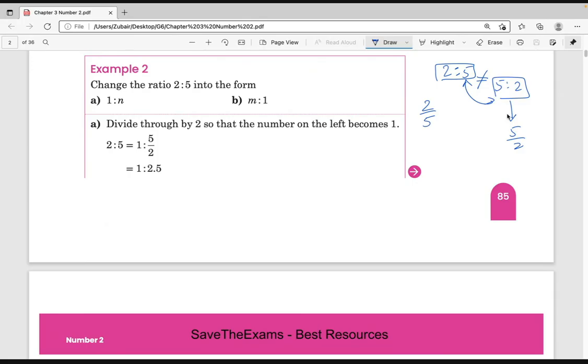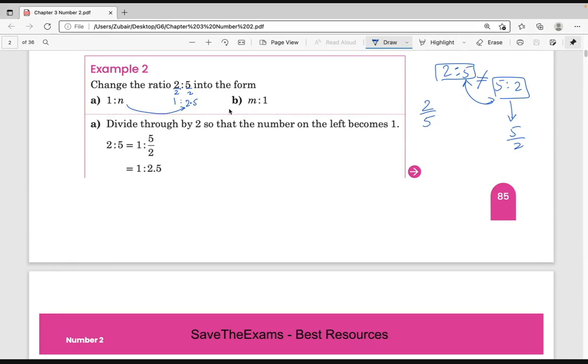So 2:5 in the form 1:n. So the examiner wants to see 1 in the first place. As we discussed earlier, we can divide and multiply both numbers with the same number. So how do I get 1 in the first place? I'm going to divide both of them by 2. So 2 by 2 is 1 and 5 by 2 is 2.5. So n is 2.5.